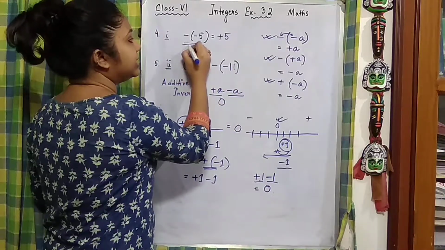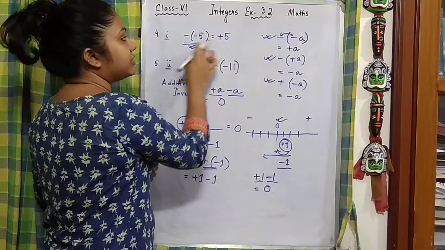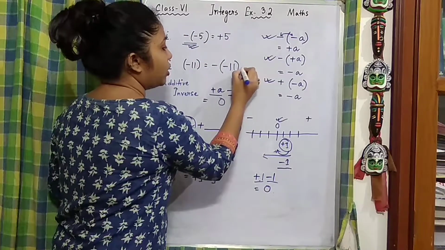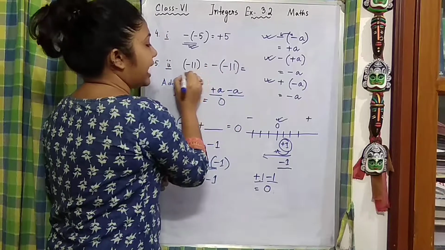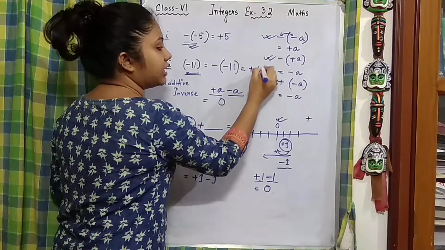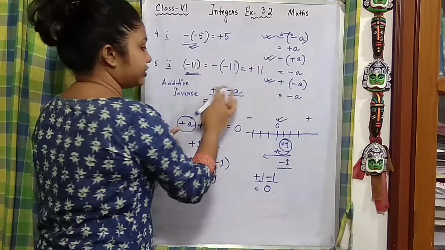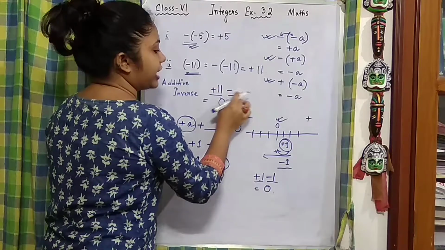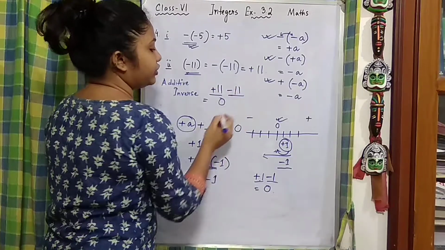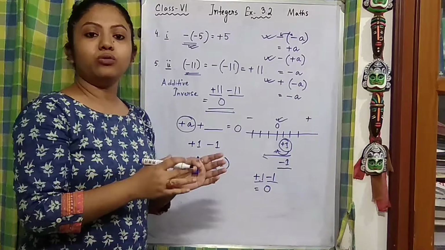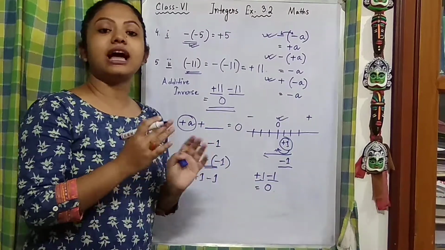Eventually we can say +5 is the additive integer of -5. So basically the additive integer of -11 is going to be +11, because +11 will interact with -11 to give an answer of 0. So this is how we understand what an additive integer is.